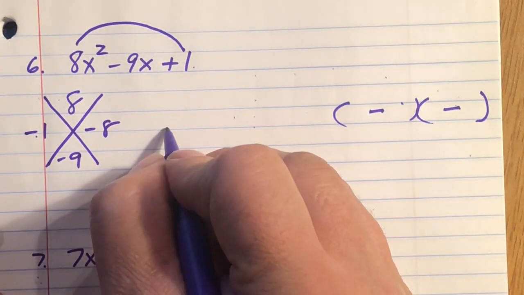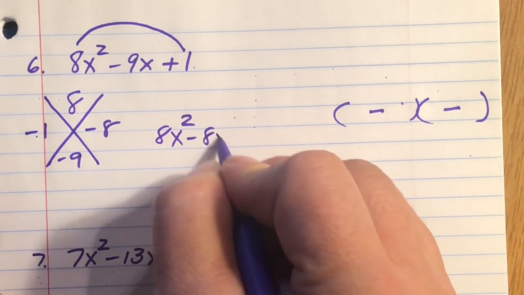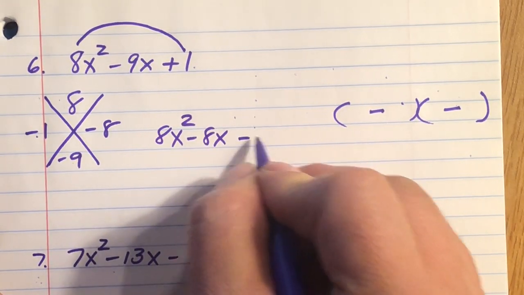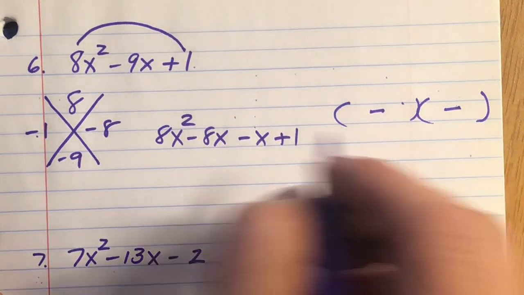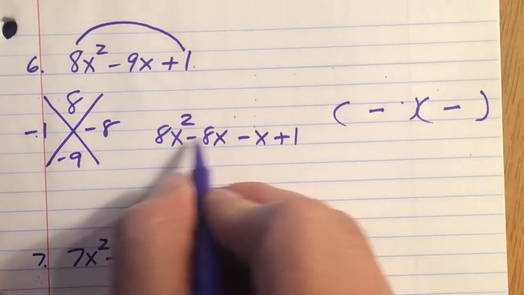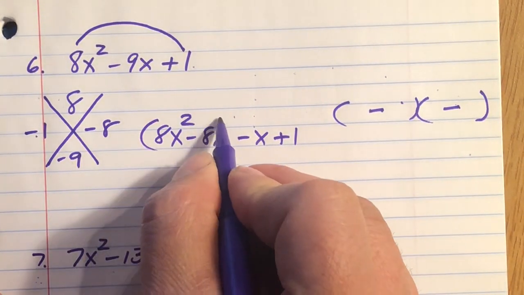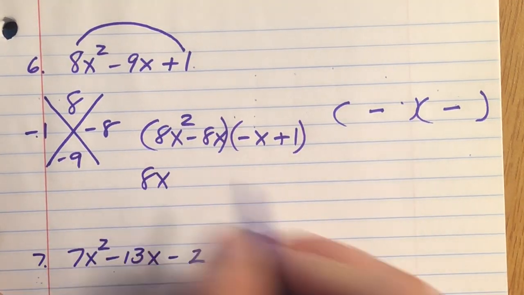All right. So we're going to go 8x squared, minus 8x minus x plus 1. Now, the reason why I put the 8x here instead of doing it in order is because I know that I can take out a GCF of 8x.